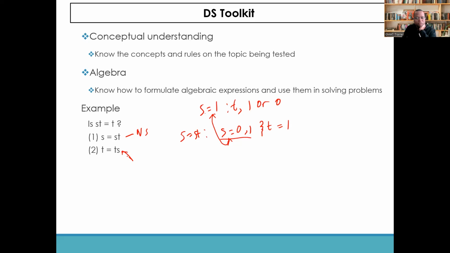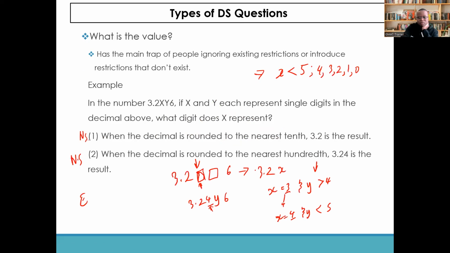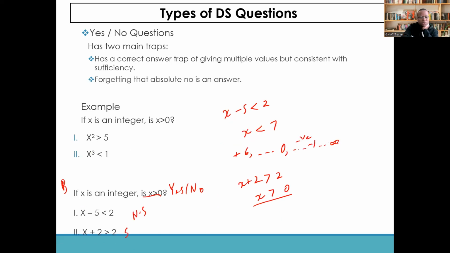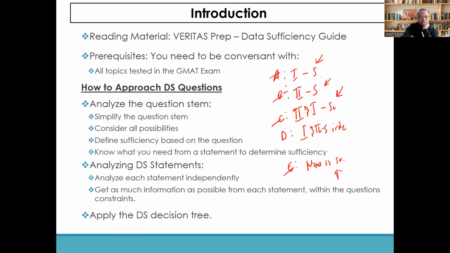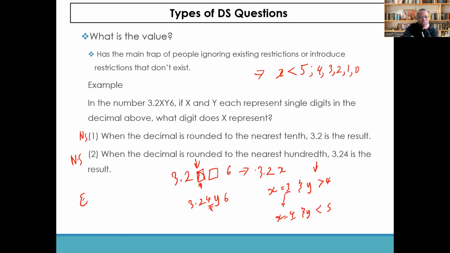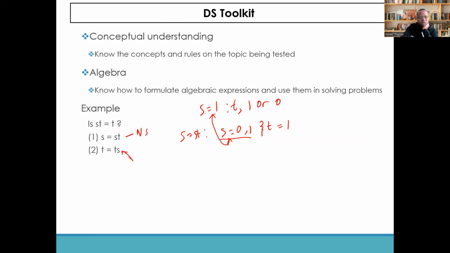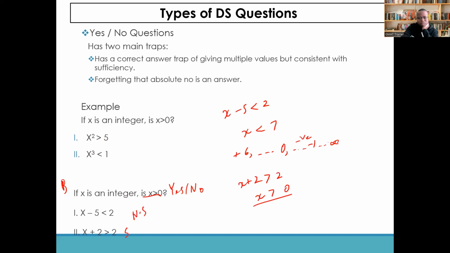One trick also in data sufficiency, as we had seen in the previous example, the one where X is greater than 0, is that when a statement is just a form of the question stem, then that's sufficient.